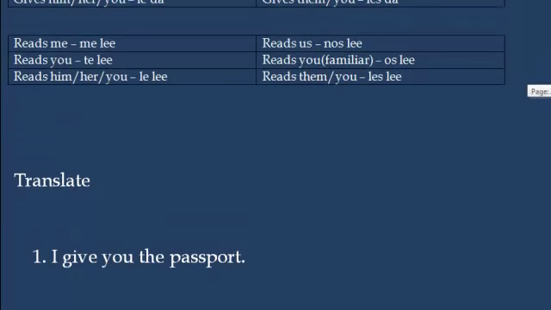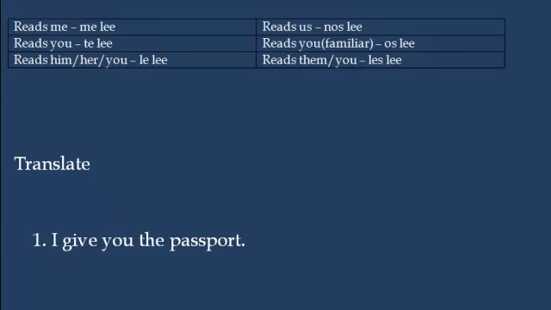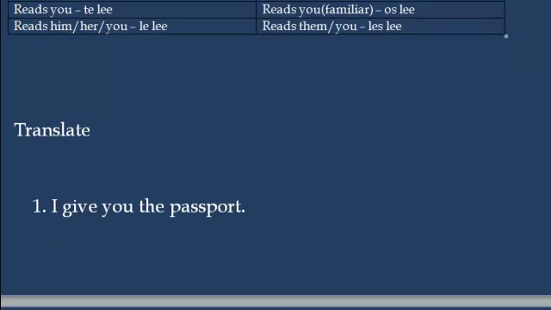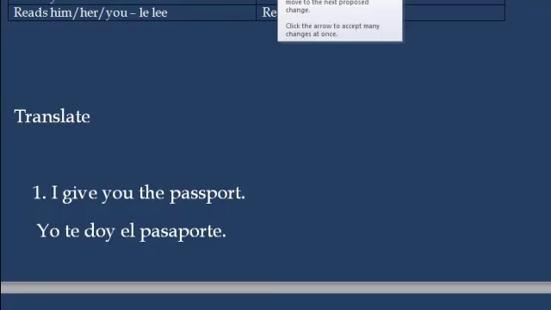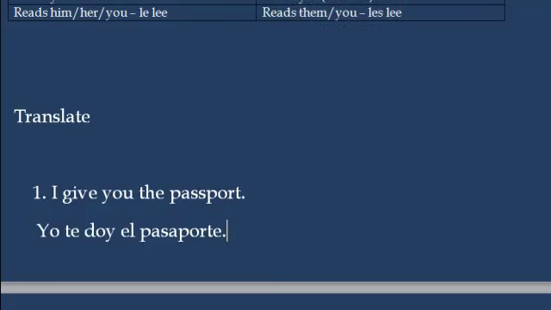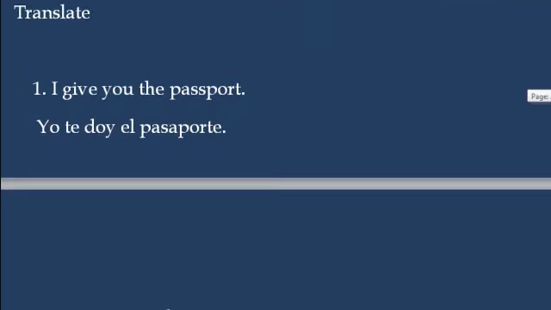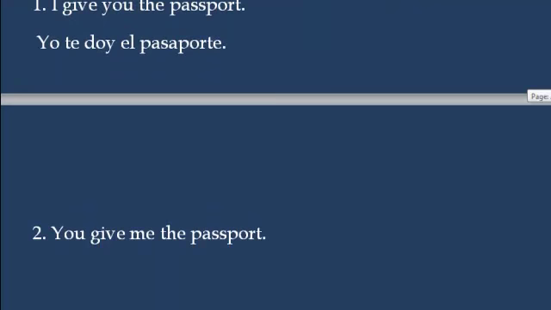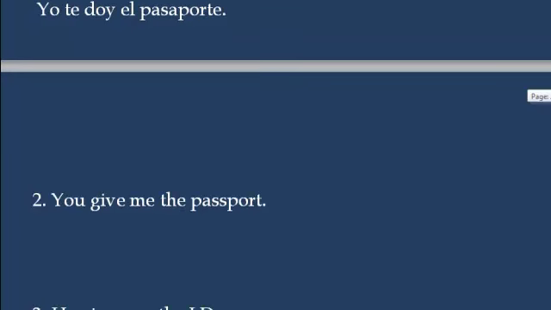Now, let's practice. Translate. I give you the passport. What you should have is yo te doy el pasaporte. Número dos. You give me the passport. Tú me das el pasaporte.